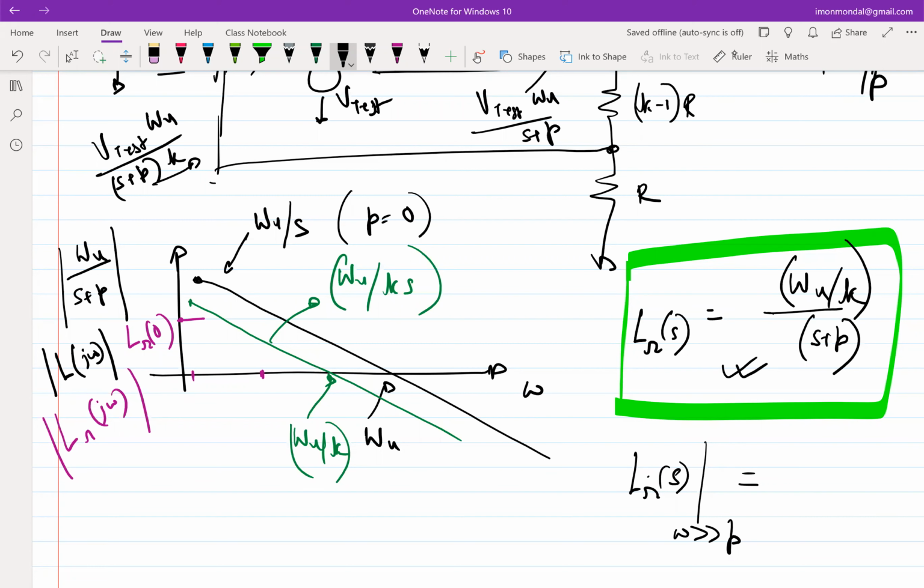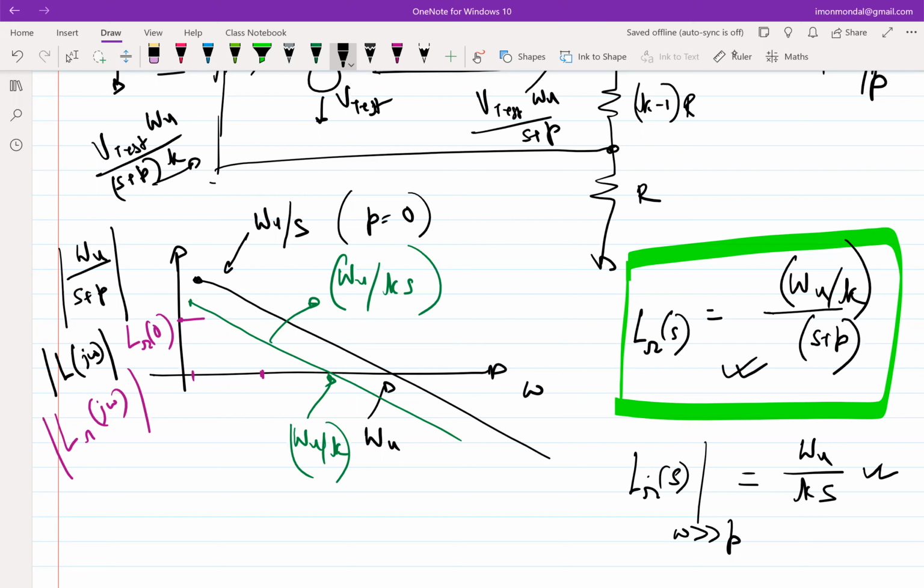Right, so P will simply be gone because I have crossed P. That's what Bode approximation is. So it's omega u by k times s. Okay, so at omega much greater than P, your transfer function looks as if it was an ideal integrator. Makes sense?